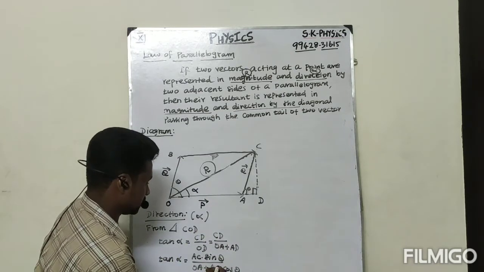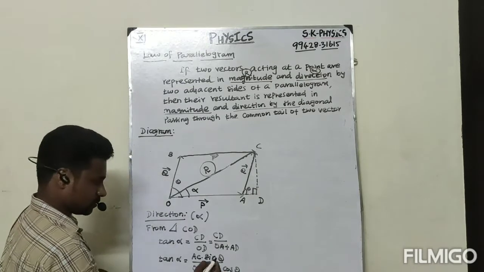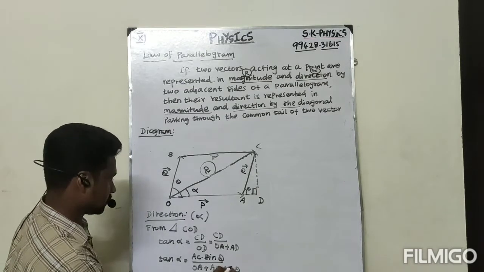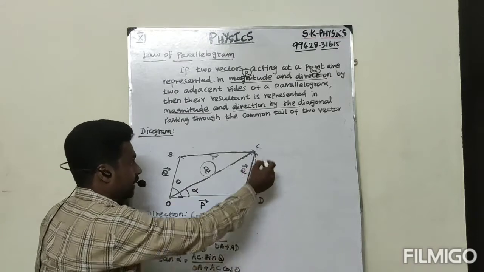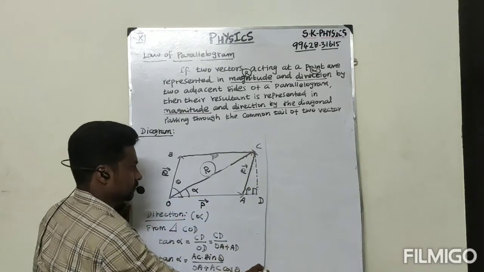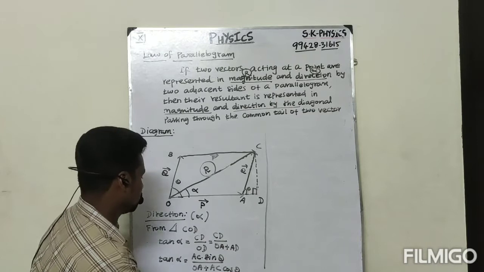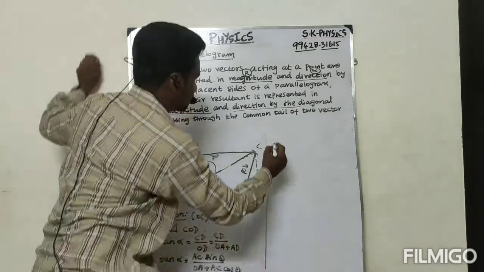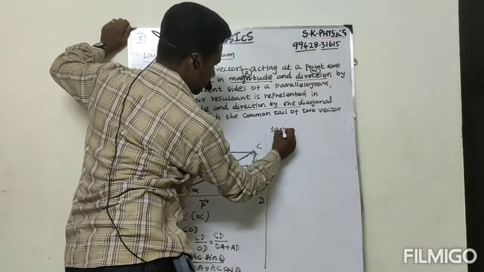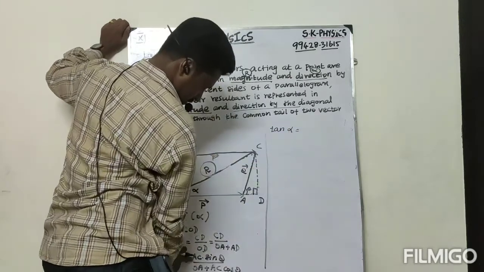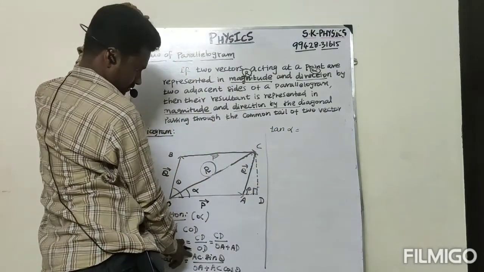So we can write this is AC. I can write the next steps here. Okay, so please listen. So tan alpha is equal to AC. AC is nothing but what?